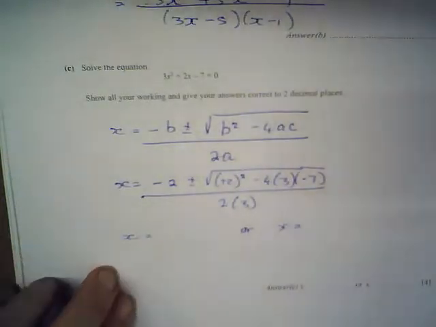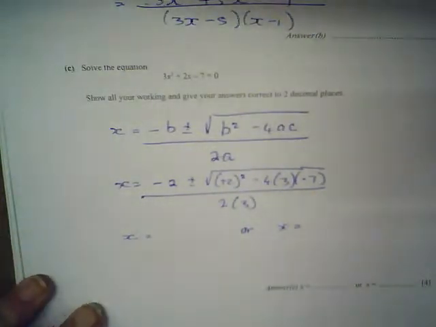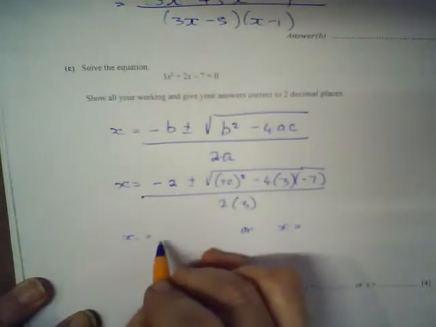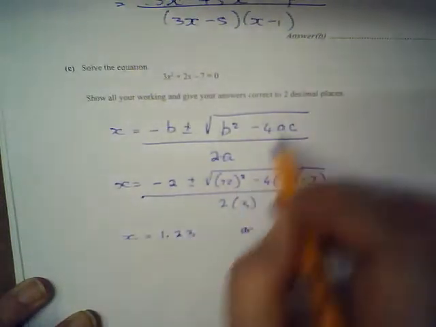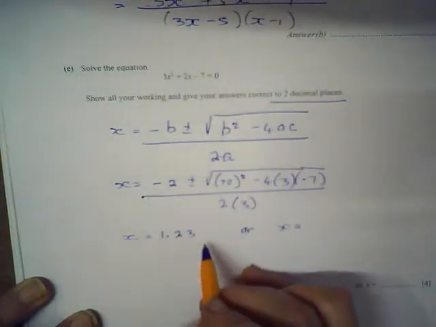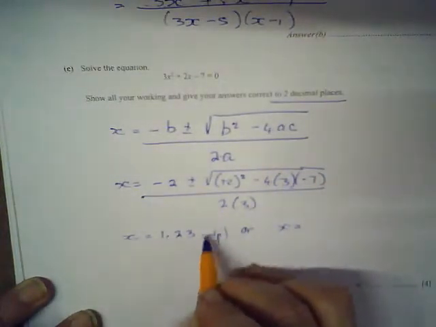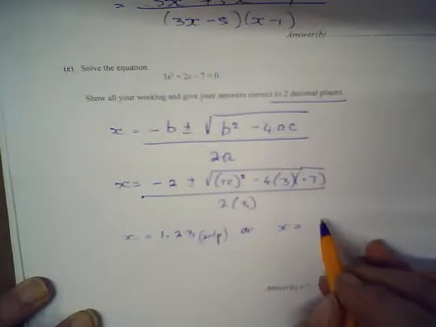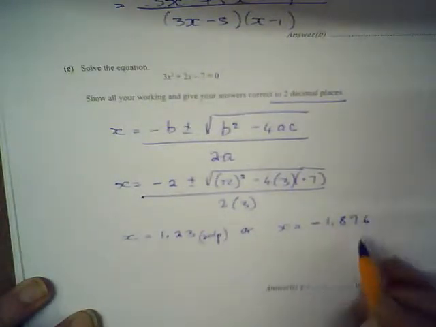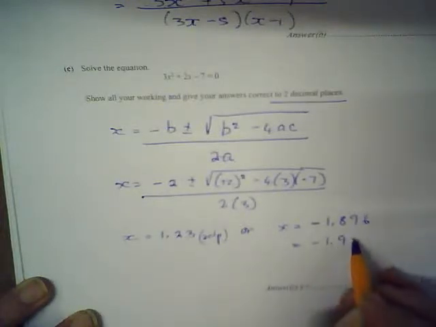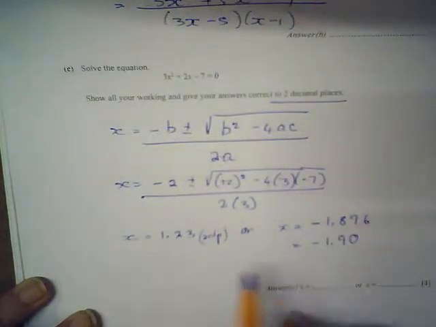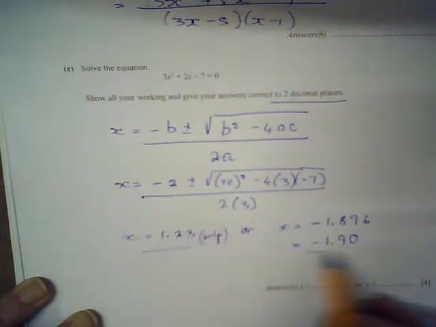Let me just tap it into my calculator. Okay, that would give me 1.23 to 2 decimal places, because that's what they asked. It must be corrected to 2 dp, and x equals negative 1.896. Okay, that would give me negative 1.90. So those would be the 2 solutions that I'm looking at.